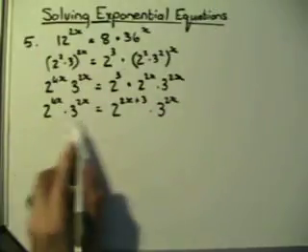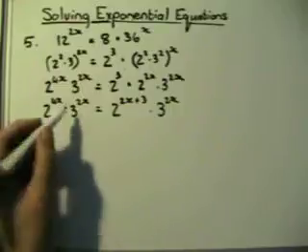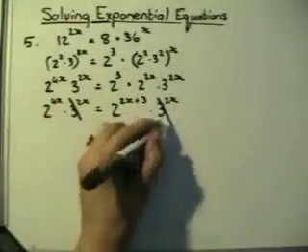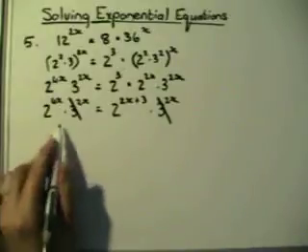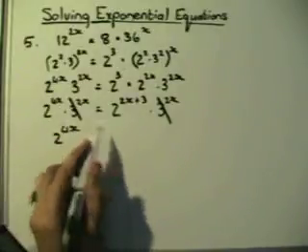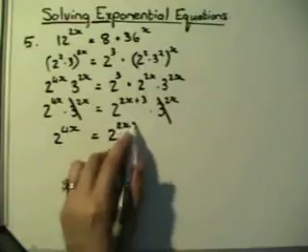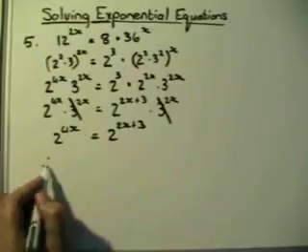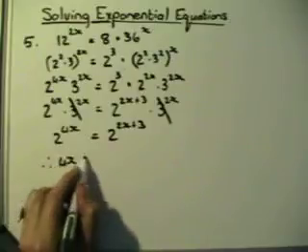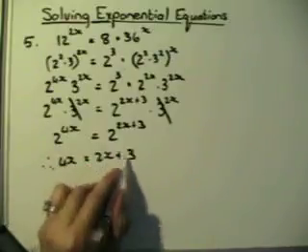Now can you see I can divide both sides by 3 to the power of 2x and get rid of those two terms, and I just have one expression on each side. 2 to the power of 4x equals 2 to the power of 2x plus 3, and this then gives me that 4x is equal to 2x plus 3.